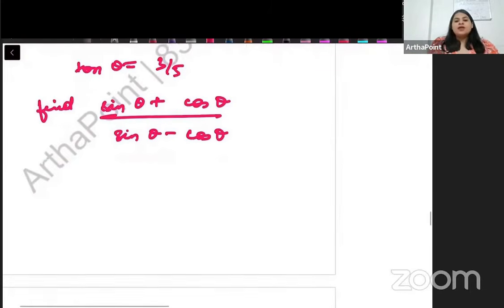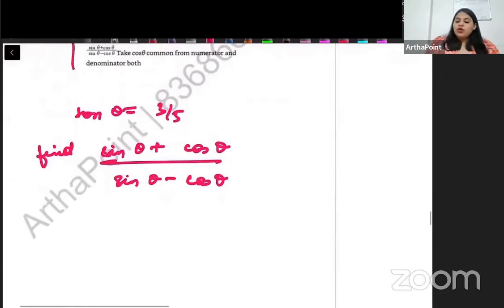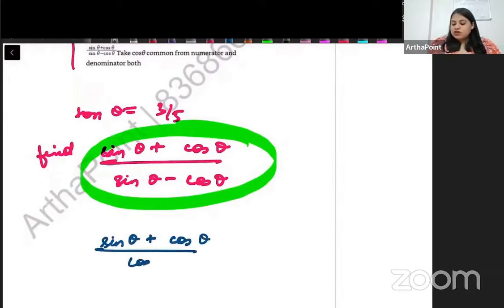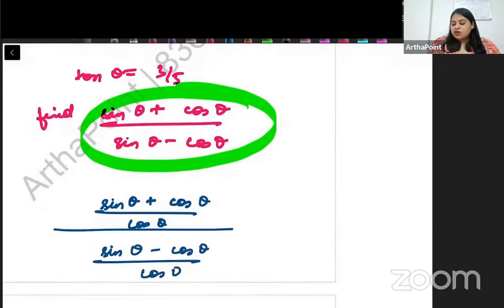This has to be found out. So tan theta is given as 3 by 5. What you can do is divide both numerator and denominator by cos theta. So sine theta plus cos theta by cos theta upon sine theta minus cos theta by cos theta.